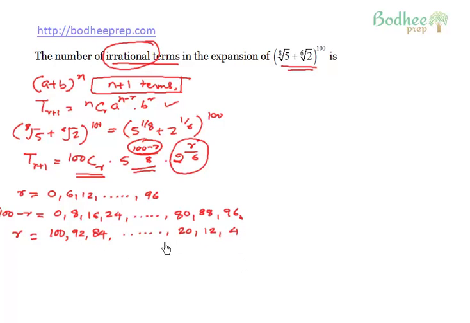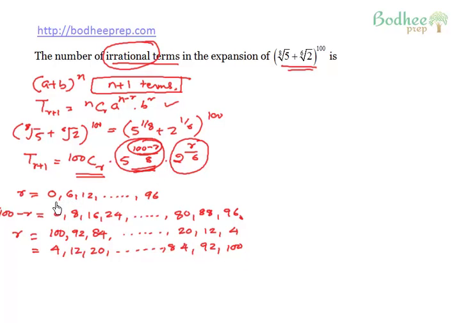Writing this in increasing order, the values r can take are 4, 12, 20, and so forth. The last few terms will be 84, 92 and 100.